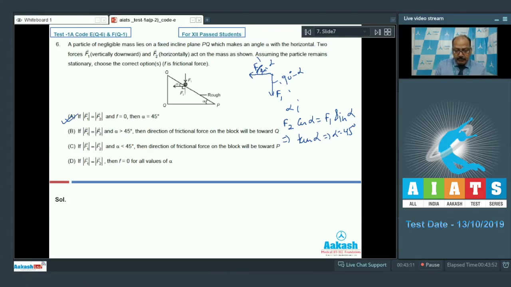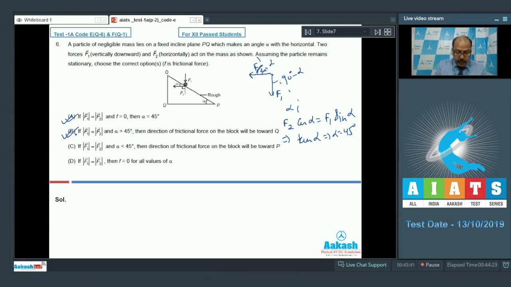That means for equilibrium, friction will be acting up the incline, that means in the direction towards Q. So which means option B is correct, right? The frictional force here is clearly for equilibrium, static frictional force, and it will act such that it opposes the tendency of slipping. Let's look at option C now.